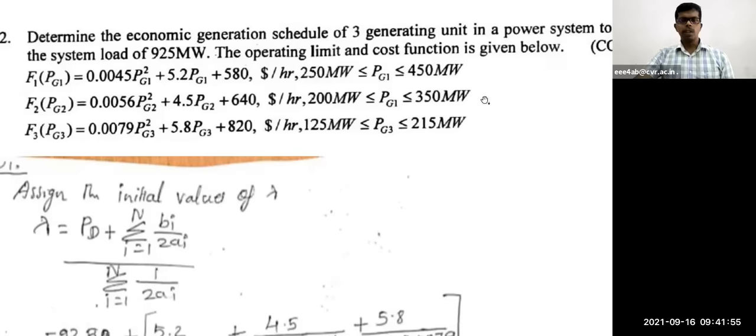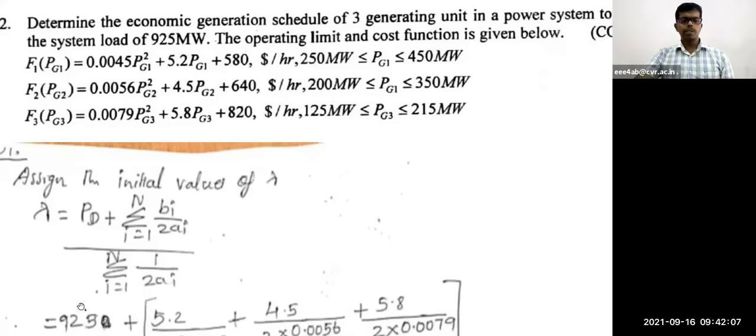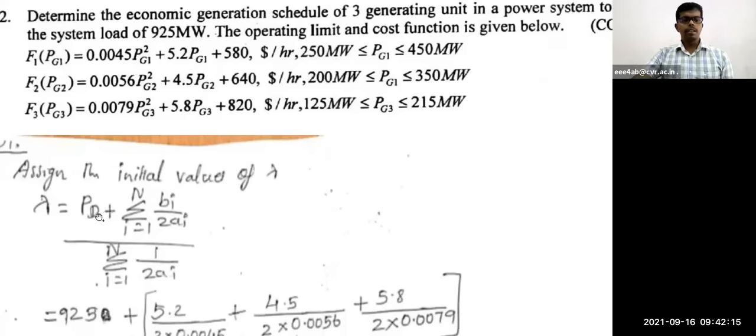First, the given fuel cost function terms you have to write with the minimum and maximum operating limits. Then PD, that is power demand, whatever demand is given in the problem, you need to write. Next, substitution. Solve neatly, step by step. If you solve step by step you'll get full marks, and also mistakes will not happen.